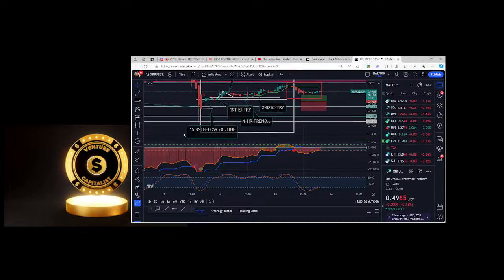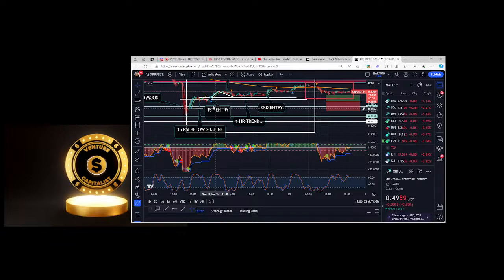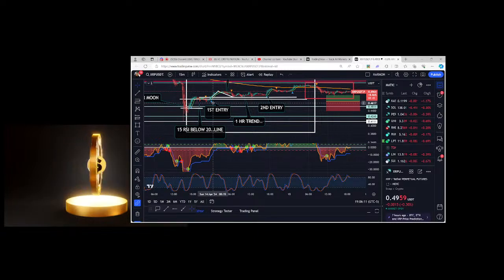And that early move doesn't have a lot of volume behind it, so it can pull back and spike down and take you out. And then there's the second move, where the volume on the 15-minute is the key. Our entry point is the volume in a positive direction, right?